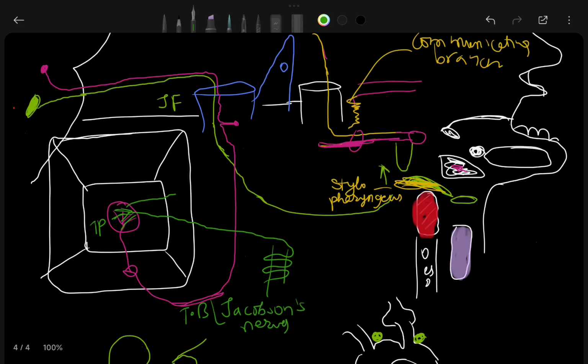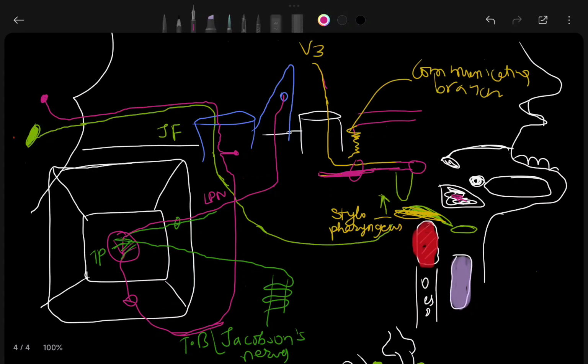And then this fiber comes out of the middle ear, and along with these sympathetic fibers, the fiber continues as the lesser petrosal nerve, and it goes into the cranial cavity in the middle cranial fossa through the hiatus for the lesser petrosal nerve, and then these fibers come out of the cranial cavity through the foramen ovale, and then accompany the auriculotemporal branch of the mandibular nerve, and these fibers relay in the otic ganglion, and after that the postganglionic fiber supplies the parotid gland.